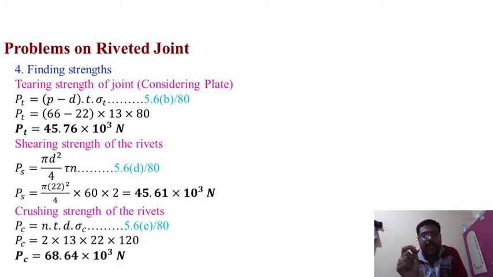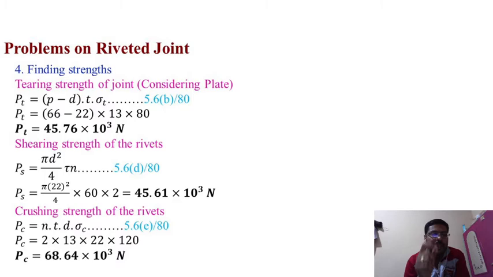Therefore PC is equal to 2, number of rivets N is 2, thickness 13 mm, diameter of the rivet 22, and sigma C is equal to 120 megapascal. Substitute all the values in equation 5.6. Therefore PC, the crushing strength, is equal to 68.64 into 10 raised to power 3 newtons.